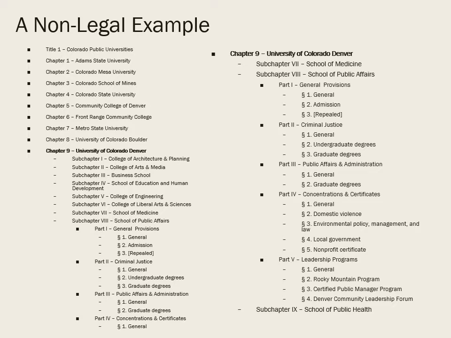All of those parts are further broken down into sections. You will see that our class fits under Part 2, Section 3, Criminal Justice Graduate Degrees, and also Part 3, Section 2, Public Administration Graduate Degrees. So hopefully by looking at this non-legal example, this is a useful way for you to envision the structure of the US Code.